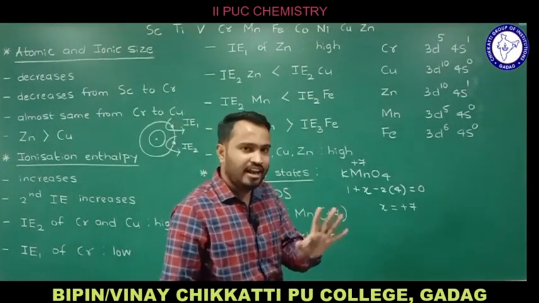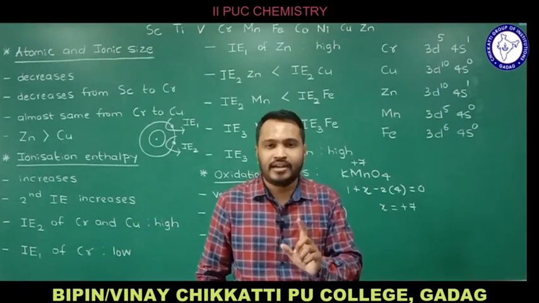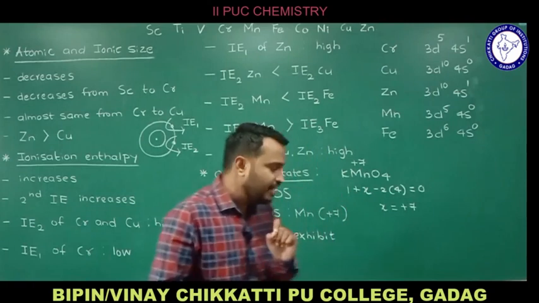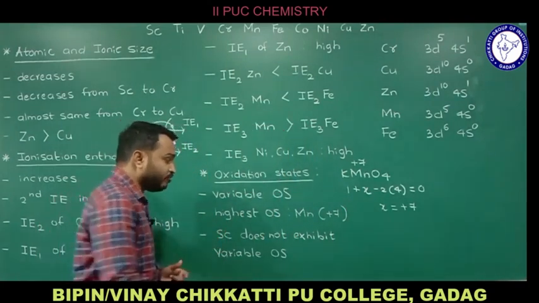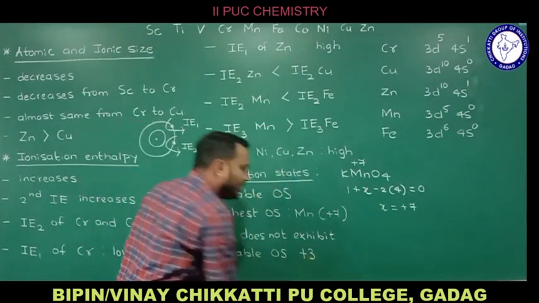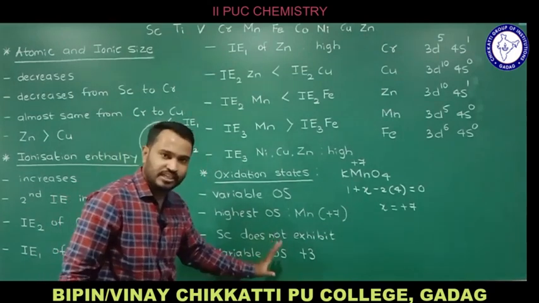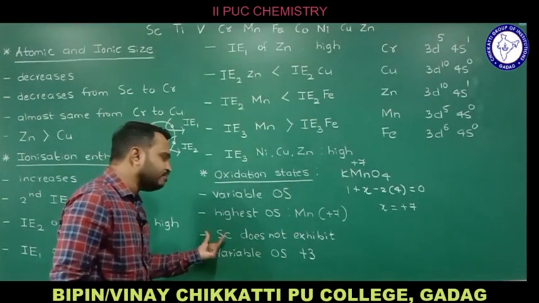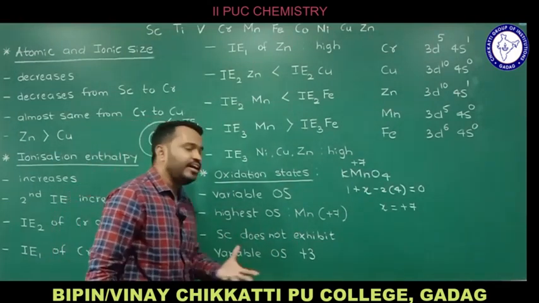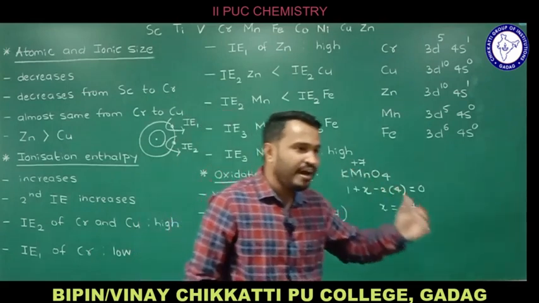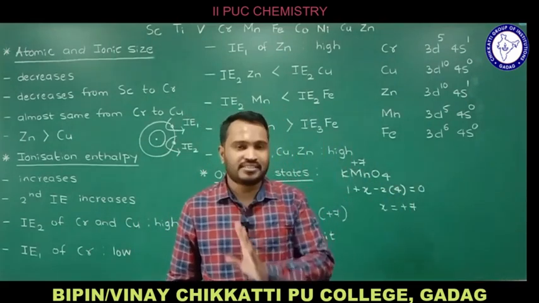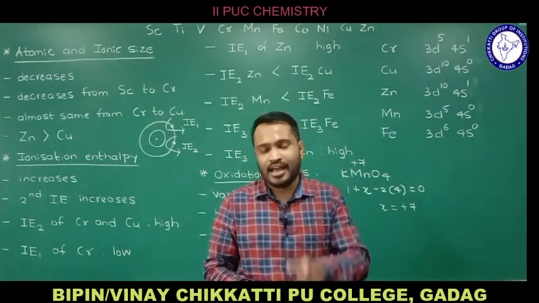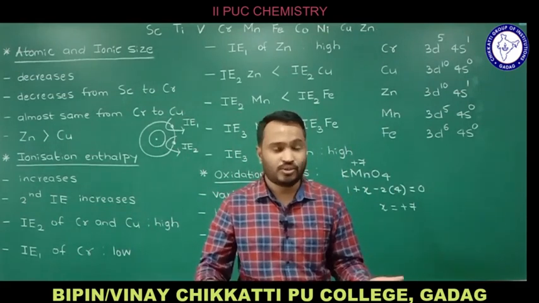We have one element that does not show variable oxidation state, that has only one oxidation state, and that is scandium. The oxidation state of scandium is +3. We have only one oxidation state, not more than one, which we call variable oxidation state. So scandium is the element which does not have variable oxidation state. Try to know, manganese has the highest oxidation state +7, and scandium has no variable oxidation state, only +3.